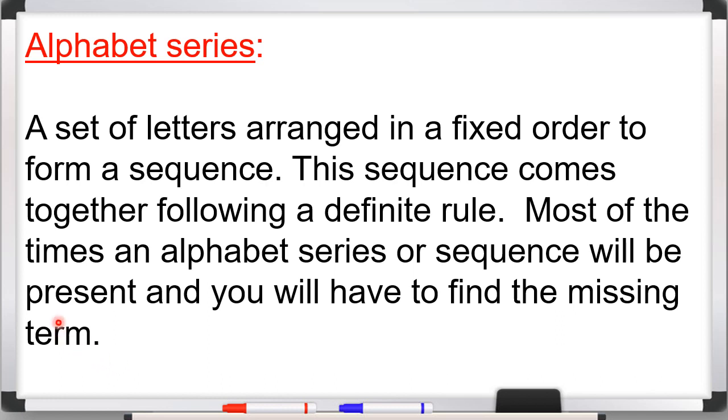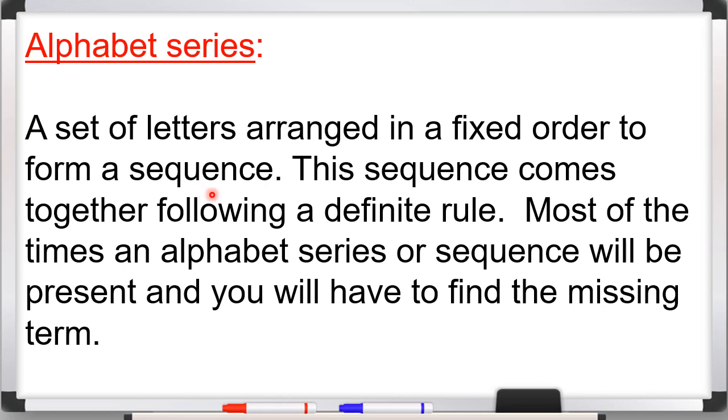Clear beta? As you know, there are 26 alphabets from A to Z. When these alphabets are arranged in a fixed order to form a sequence, that sequence is called alphabet series.